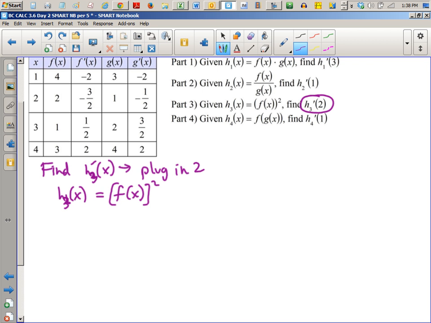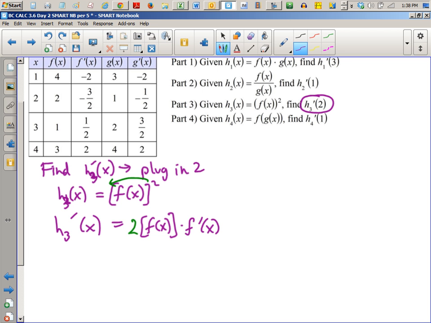Okay, so h3 prime of x is, let's bring the 2 down to the front, and then we have just f of x to the first power, right, times the derivative of the inside. What is the inside function? F of x. So what's the derivative of that? F prime of x. Right.